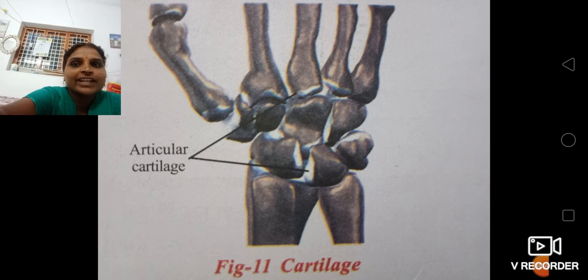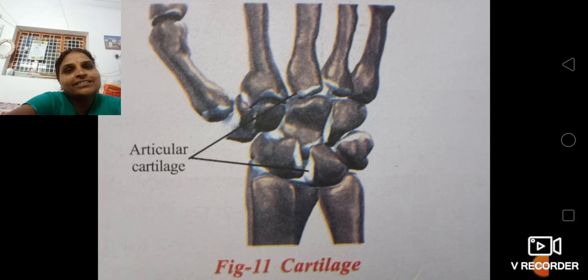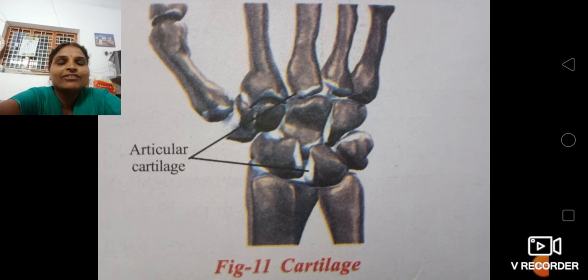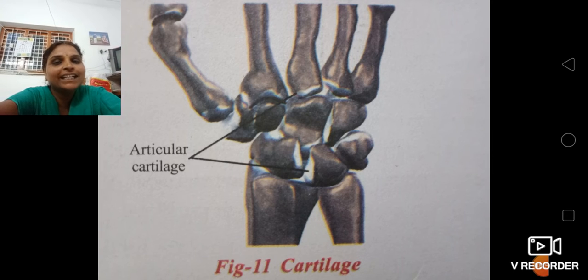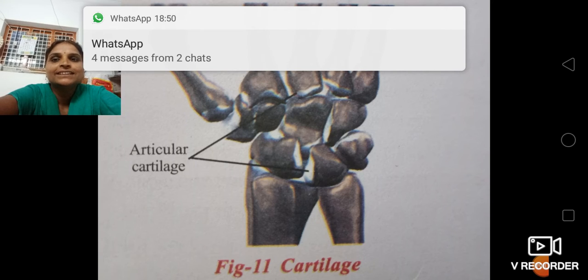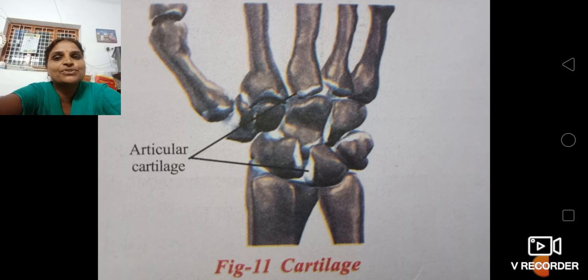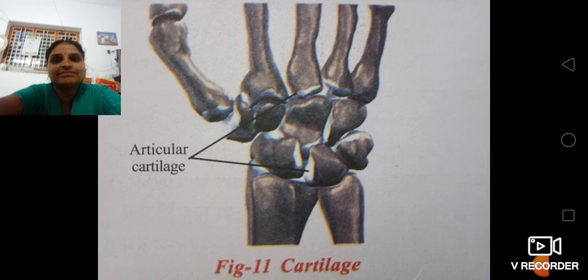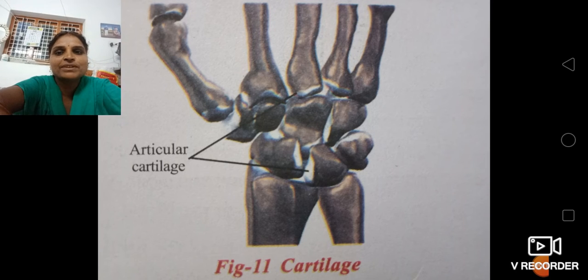How are bones connected at joints? Say anyone. One type of connective tissue is there. That is the ligament. Ligament is yet another type of connective tissue that connects bone at the joints and holds them in position. It is made up of a large number of fibers.